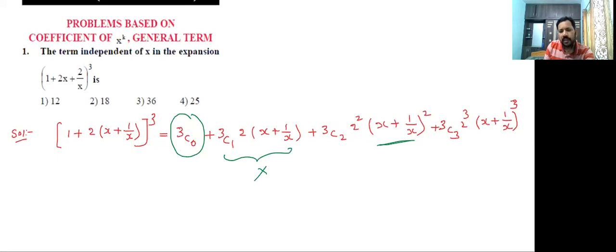But here observe that after expansion of the (a + b) whole square form, what we get is a square plus b square plus 2ab, 2 into x into 1 by x. Here x and x are going to cancel, so here we are getting a constant term. But in the last, (x + 1/x) whole cube, expand that, there is no constant term. Students, did you understand? Now I am going to write the independent term of x.